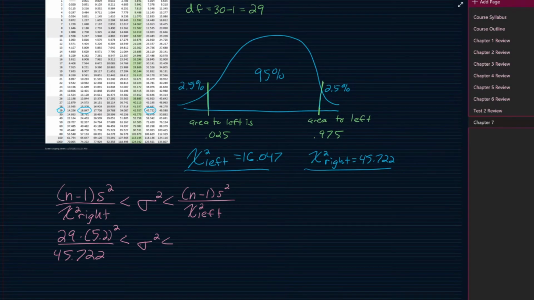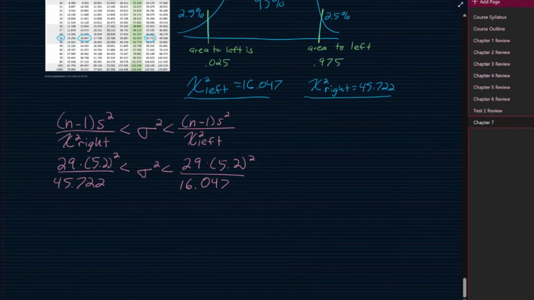It's essentially degrees of freedom. You could even put df there instead, because df is n minus 1. Anyway, times 5.2 squared over chi-squared left, which is 16.047. And that will give us our confidence interval for the variance of the population.